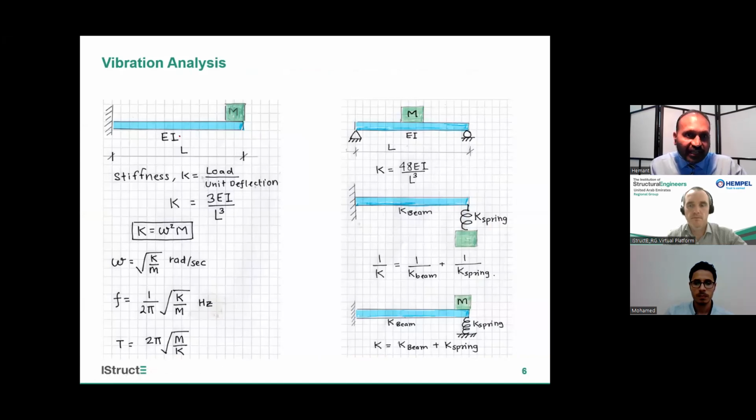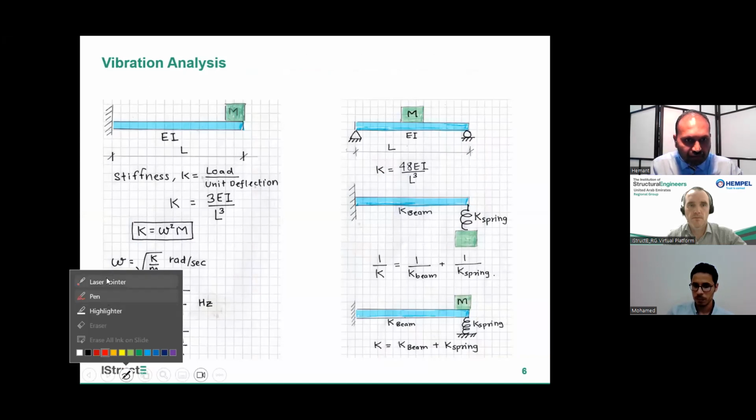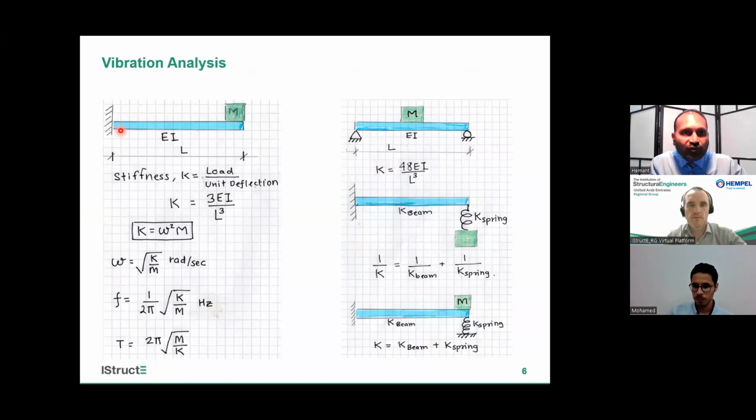So here I have taken an example of, let me use the pointer. So the first example, I have taken a cantilever beam with stiffness EI.